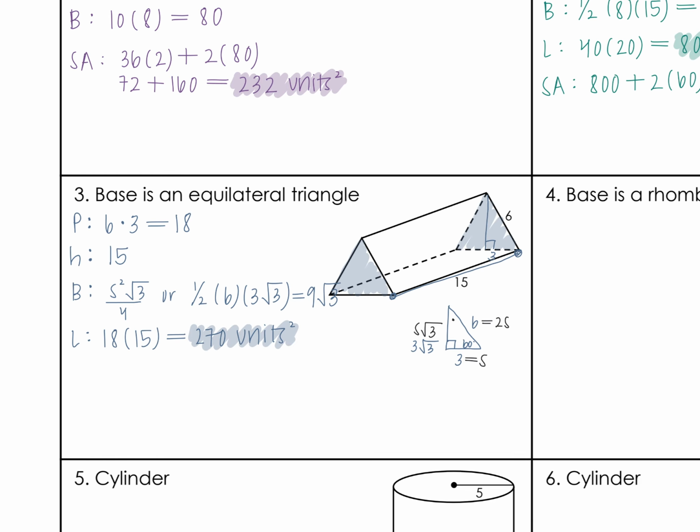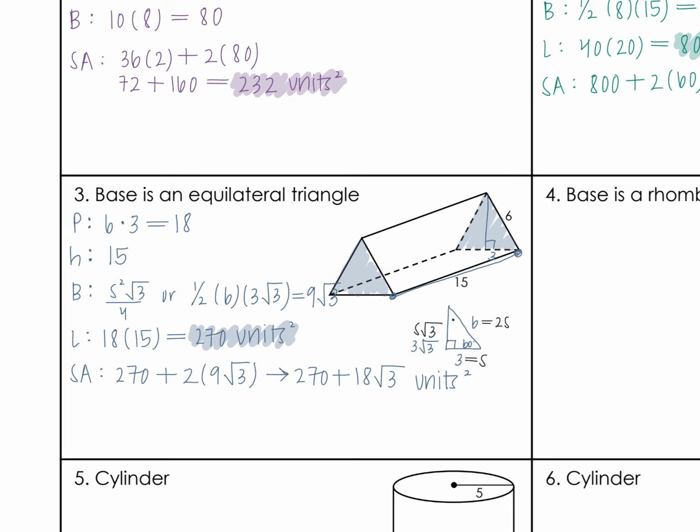And then I'm going to find my surface area by taking my lateral, my 270, and adding my 2 times the area of the base, that 9 root 3. And when I simplify here, I'm going to get 270 plus 18 root 3. And it will be units squared.